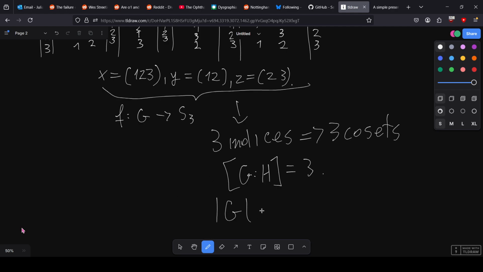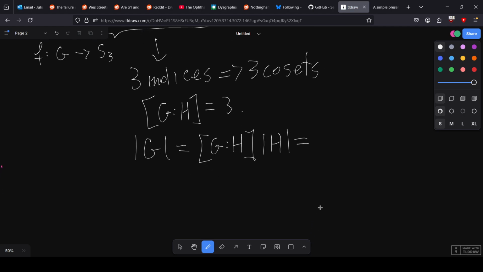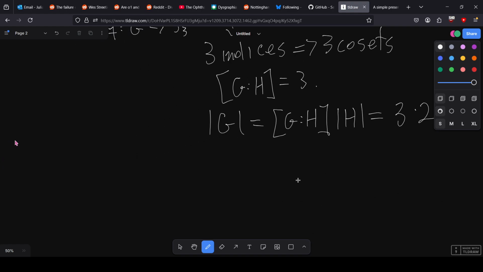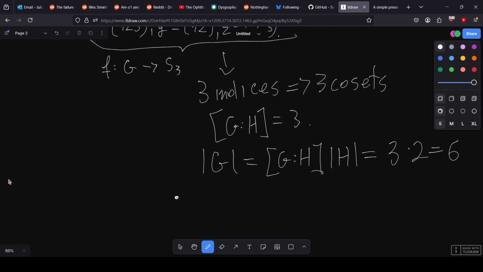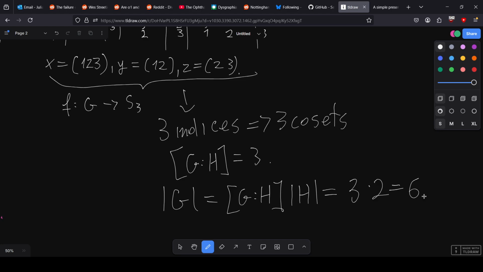But via Lagrange's theorem, we have that the order of G is equal to the index of H in G times the size of H. But the size of H, because H is generated by z, is exactly 2. So there's 3 times 2, and we have 6. So we know the order of G. And that implies that we in fact have an isomorphism, because the order of S3 is in fact 6.